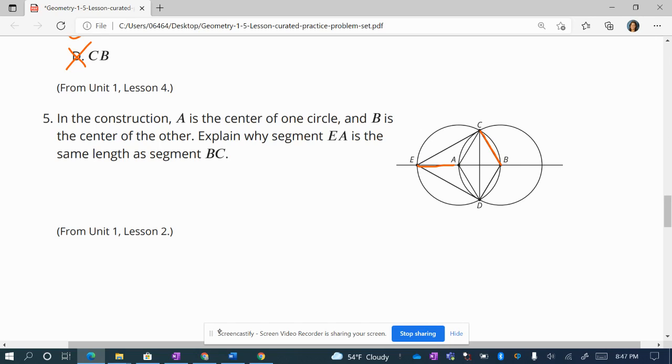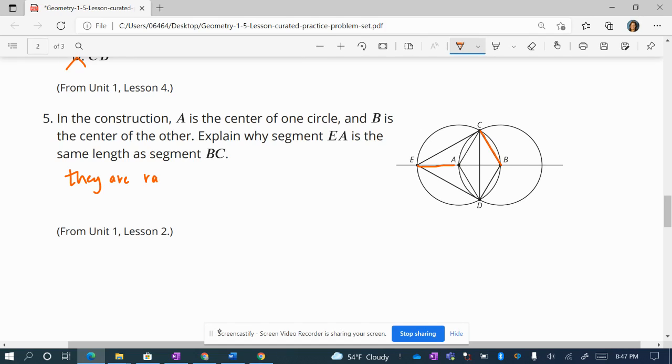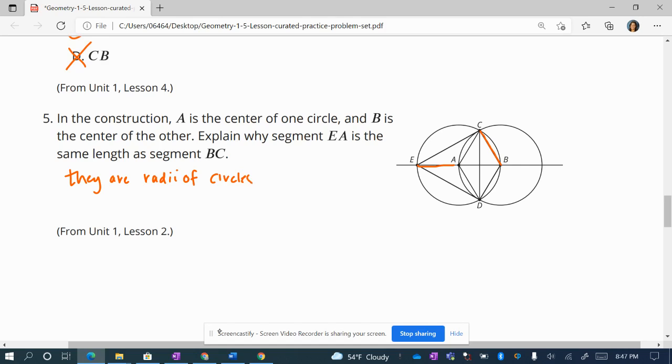They're both radii of circles that have a common radius. Both circles have a common radius AB, so we know the circles are the same. So they are both radii of circles with a common radius.